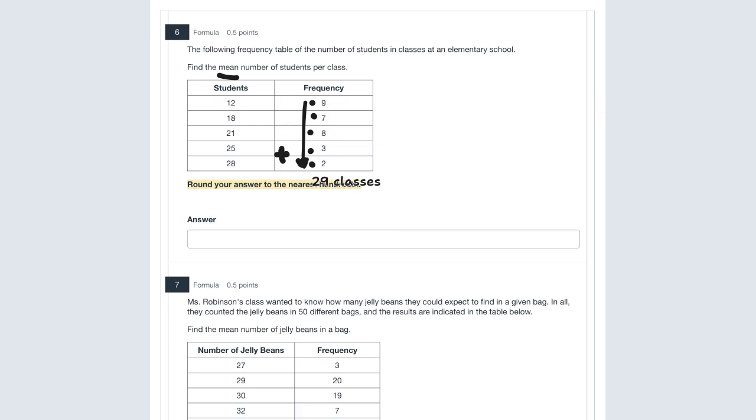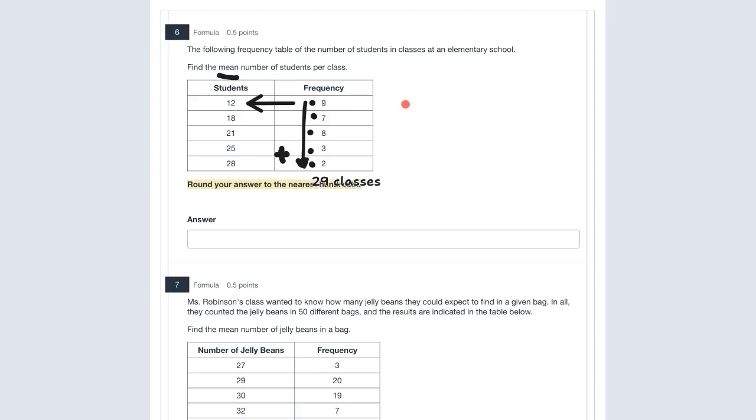So that means when I do my weighted average, I'm going to have to divide by 29. So when I set this up here, I'm going to multiply each frequency by the number of students. And that's going to be my giant numerator there. Now, it doesn't matter if I put 12 times 9 or 9 times 12, so I'm just going to put them in order.